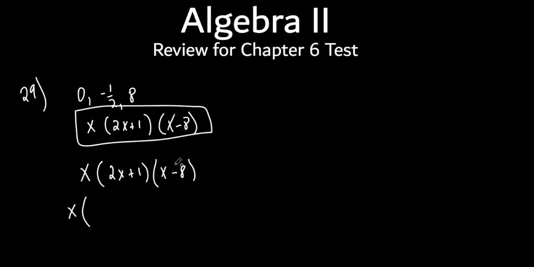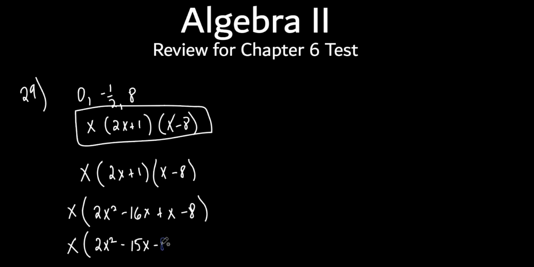So what's this going to be? Let's do it. 2x times x is 2x squared, and then minus 16x. Do you see that? 2x times negative 8. Then the inside is plus x. The outside is minus 8. Let's simplify it before we multiply everything by an x. So it's what? 2x squared minus 15x minus 8.